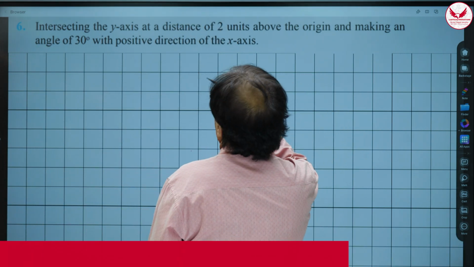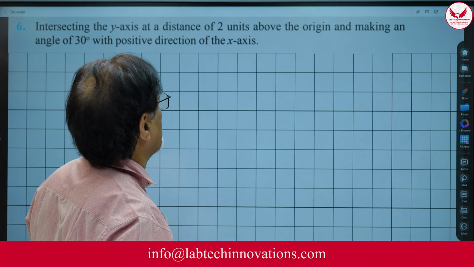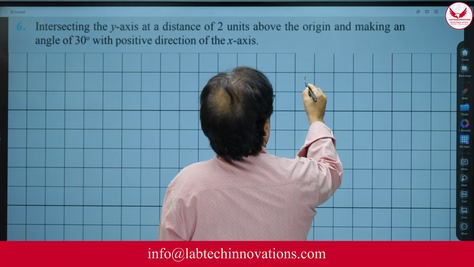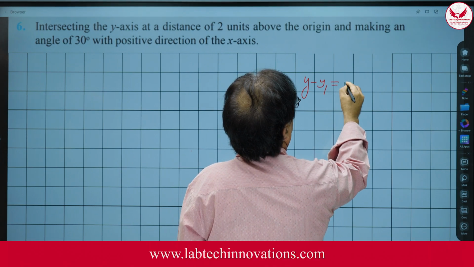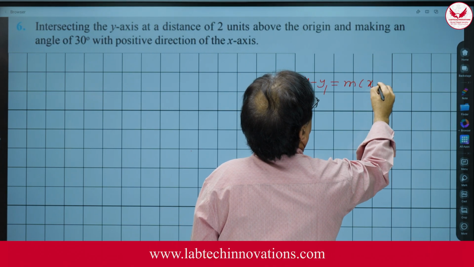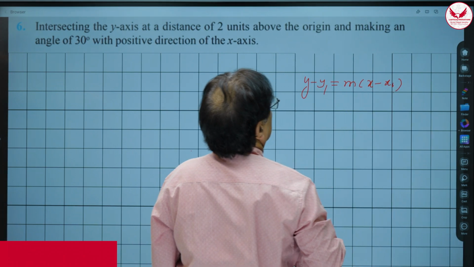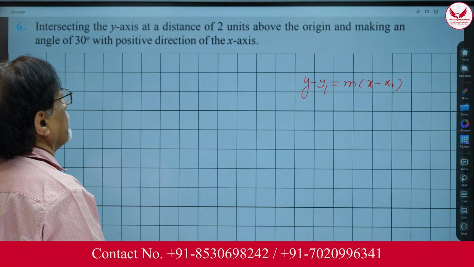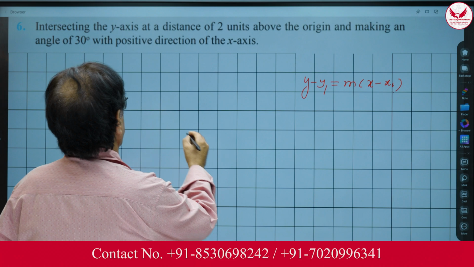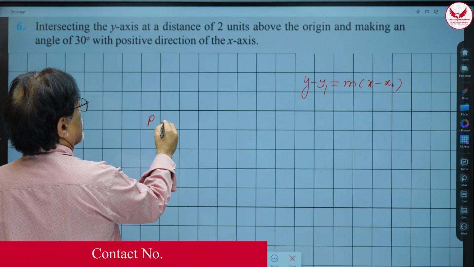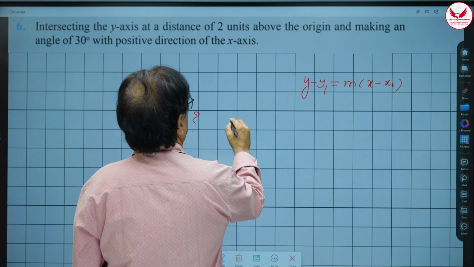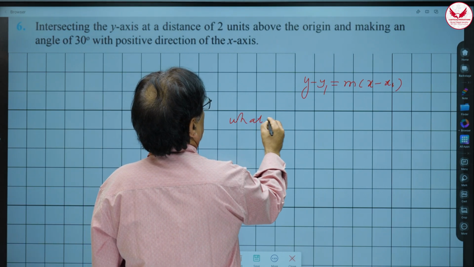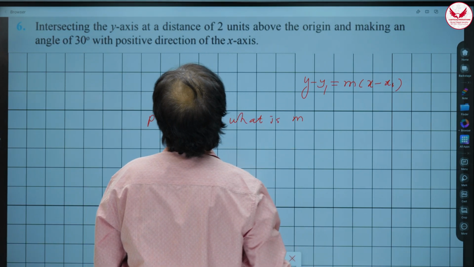As I said, this problem is again based on the same formula, y minus y1 is equal to m into x minus x1. Now we want the point. Our question is, the line passes through which point and what is the slope? What is m? These are the two things.